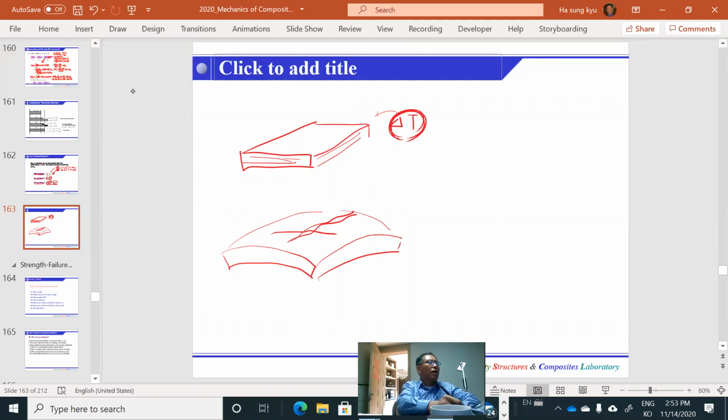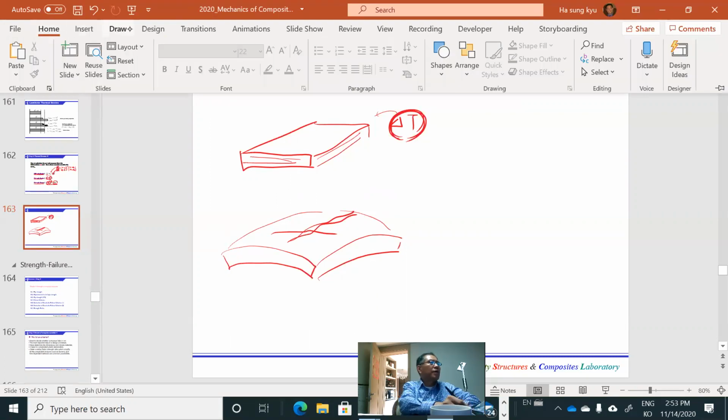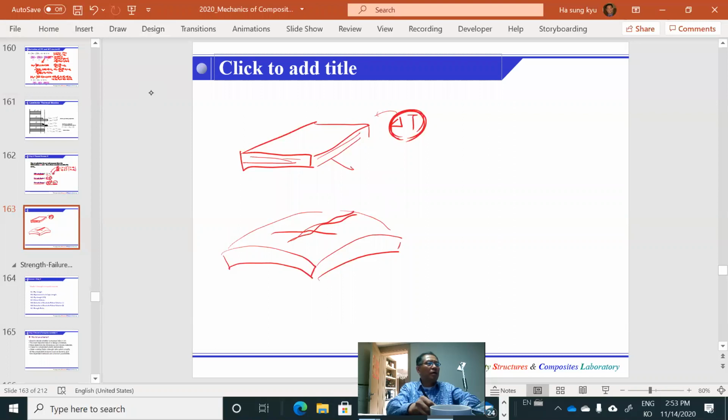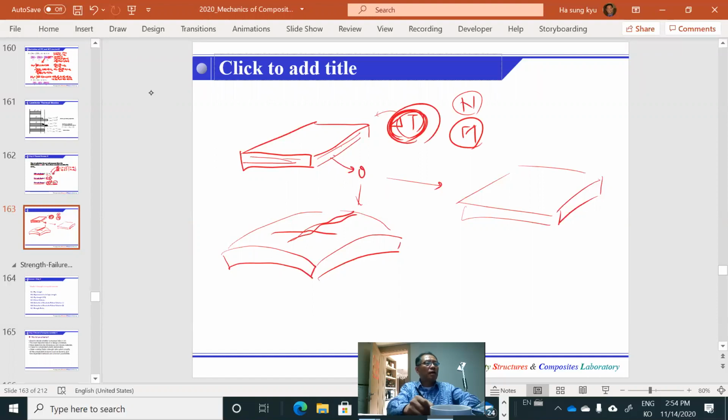The deformation will certainly depend on the ply angle. One ply angle distribution with a delta T may cause this much bending, and another theta distribution may have no bending. So the point is that in addition to N and M, we may have a delta T as a load.